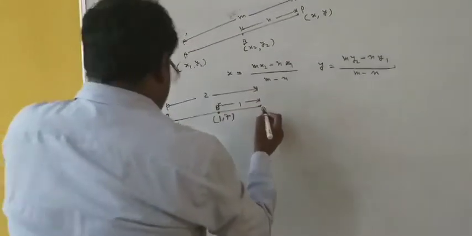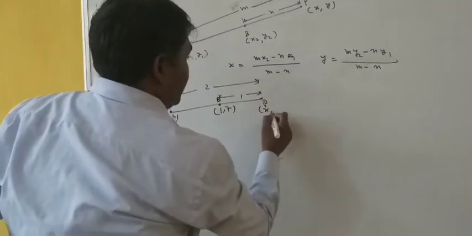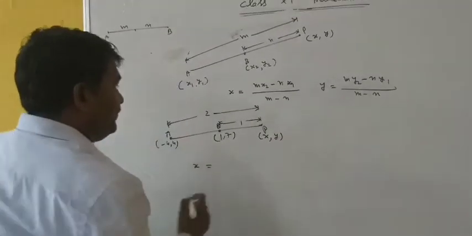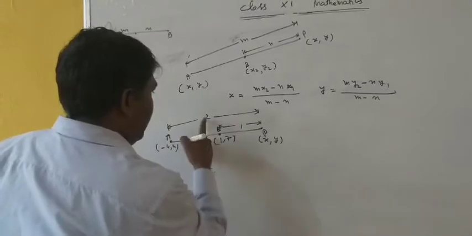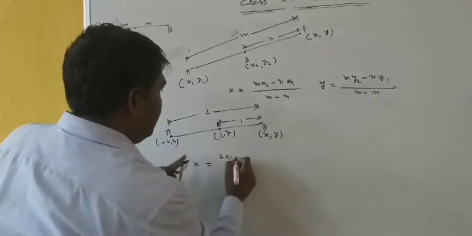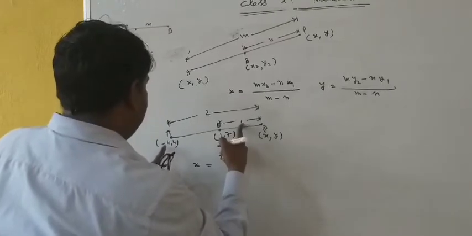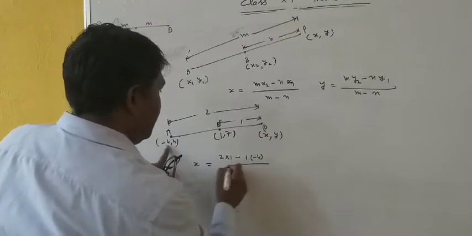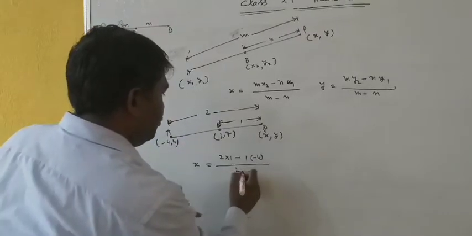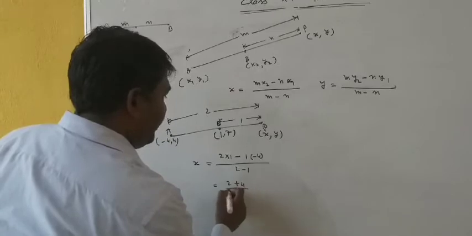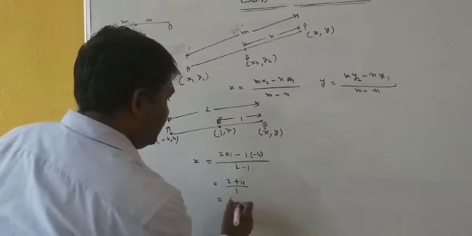So what will be the coordinate of this point? Let the coordinates be x comma y. X is equal to m x2, m into 1, minus n x1, 1 into x1 which is minus 4, divided by m minus n, 2 minus 1. This implies 2 plus 4 divided by 1, this implies 6.